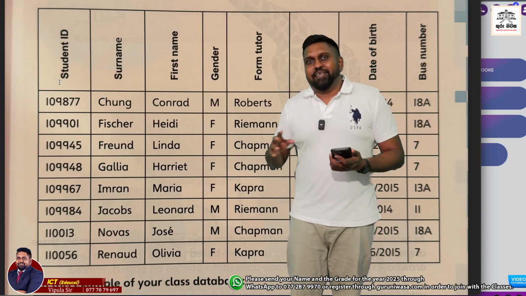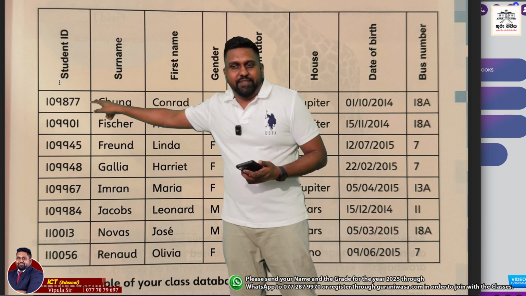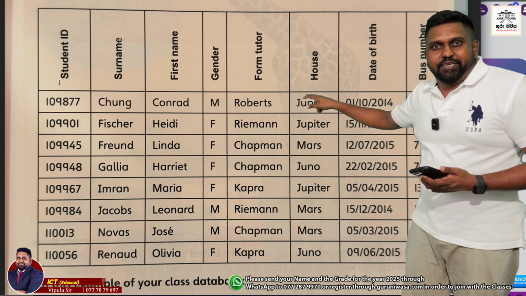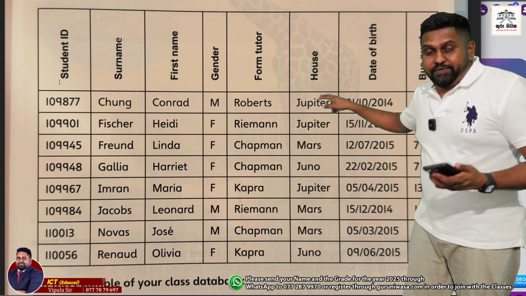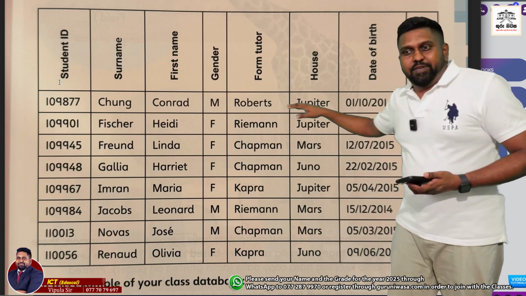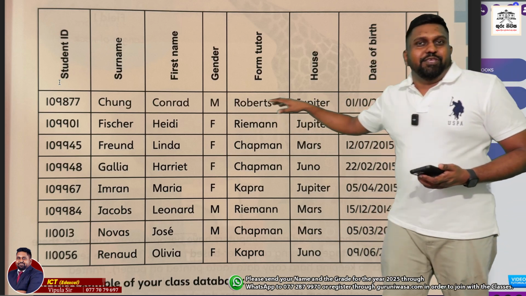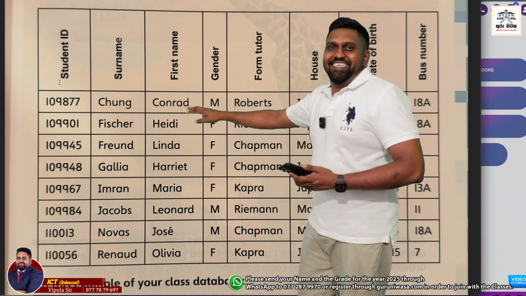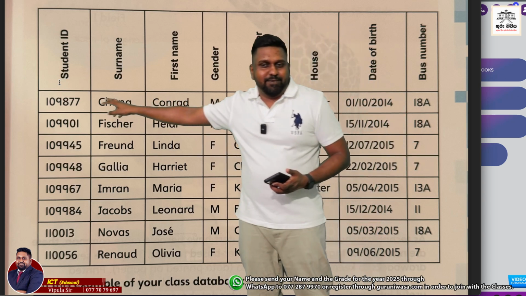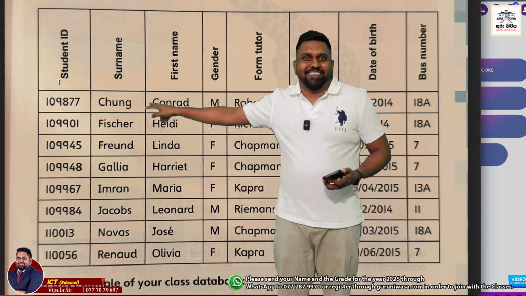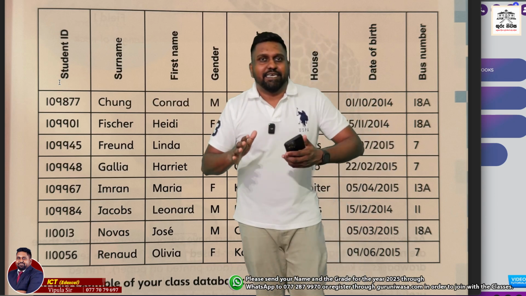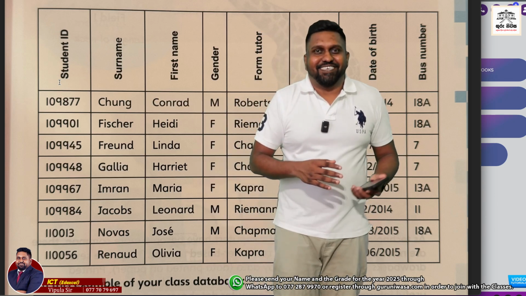But if I give you this entire set of information starting from 109,877, then when you read this full line of information, you can get a clear idea that this number belongs to this student, right? So that's how we convert data into information.